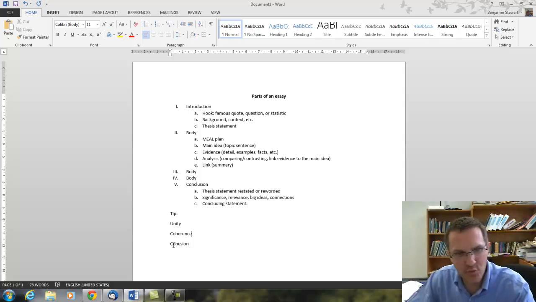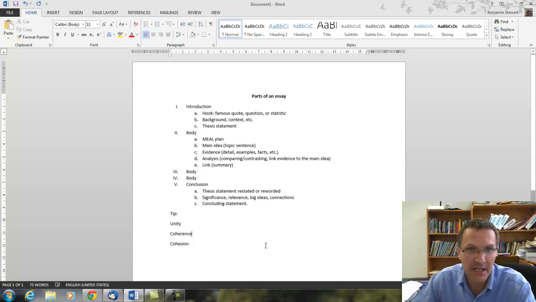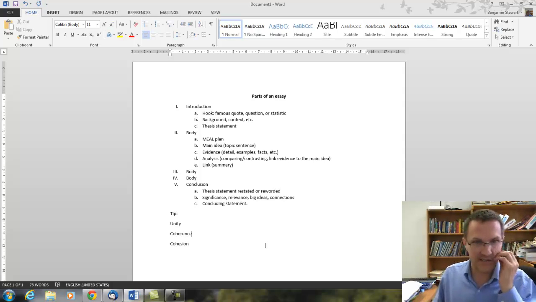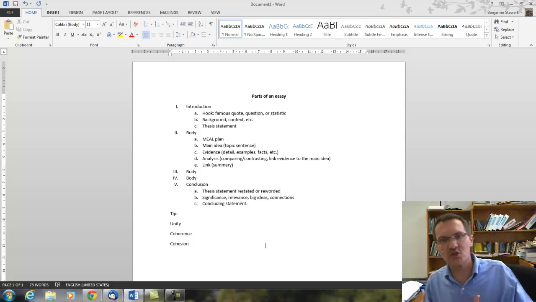Another example would be using theme and rheme. Theme being the established information, or the information that typically comes first, with the new information. You can look at any sentence and determine what information came first, or the theme, and what is the new information that's being introduced, which is the rheme.